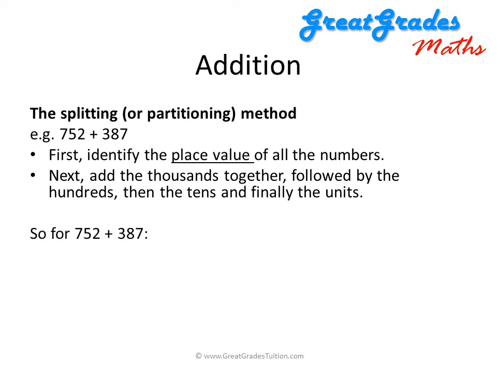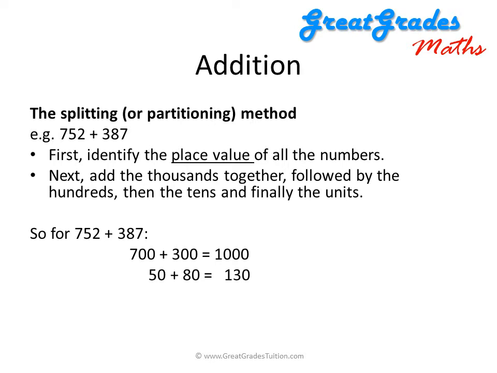So, for 752 plus 387, first of all, we need to identify the place value of all of the numbers. For the hundreds, there are 7 hundreds in the first number, and 3 hundreds in the second number. Adding those two together, 700 plus 300 gives us 1,000. Next we look at the tens.